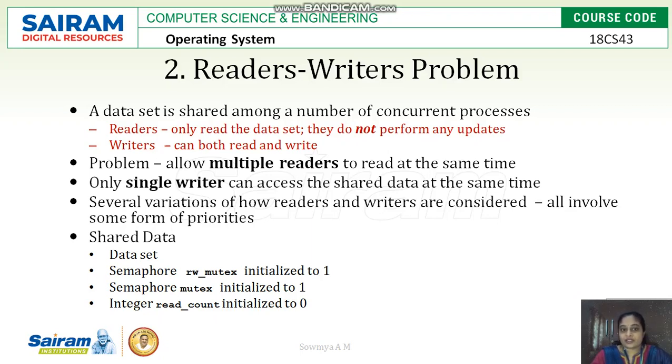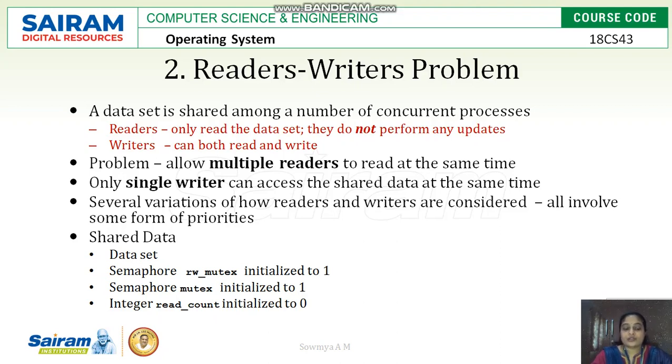Several versions of how the reader and writer are handled all involve some form of priorities. To do that, we have three semaphores again: read write mutex, mutex, and read count, which counts how many are reading.